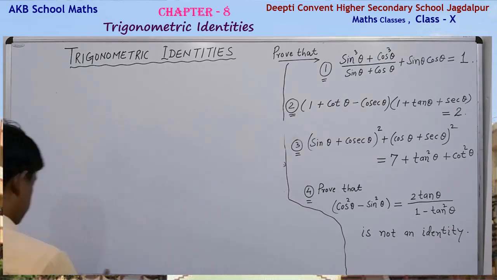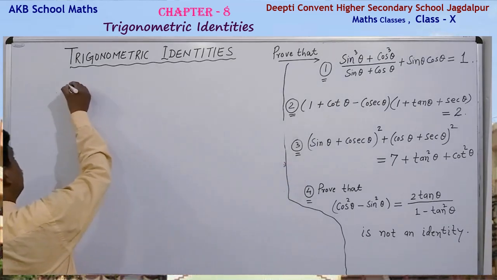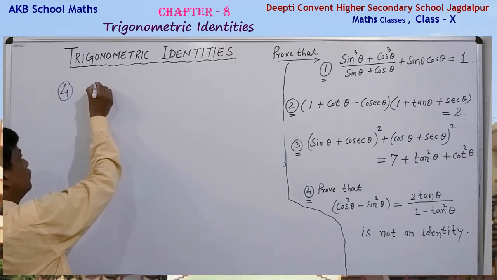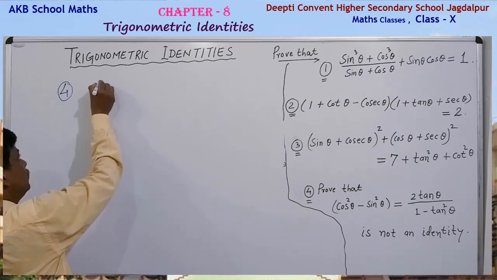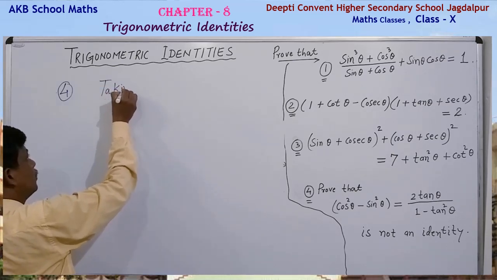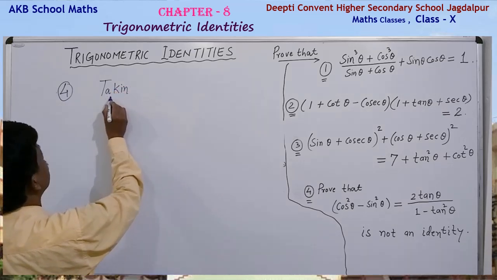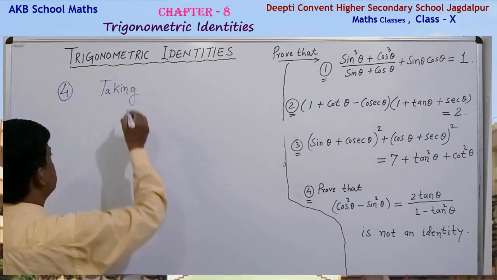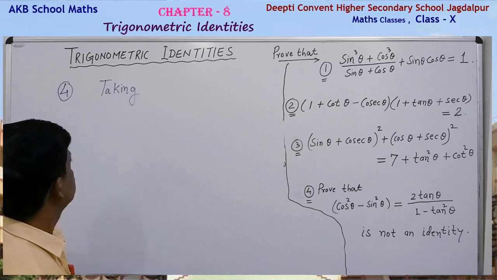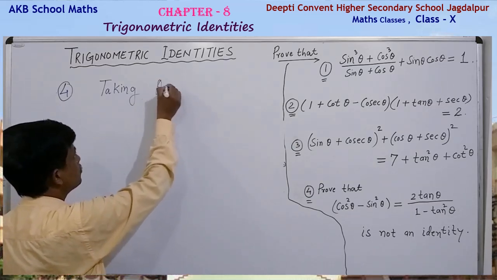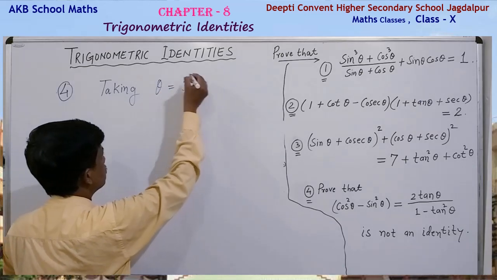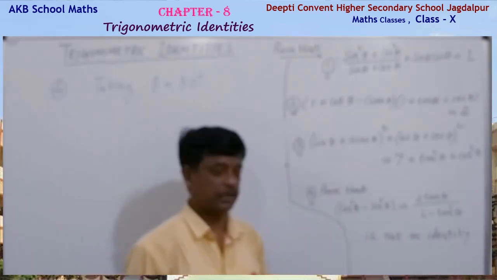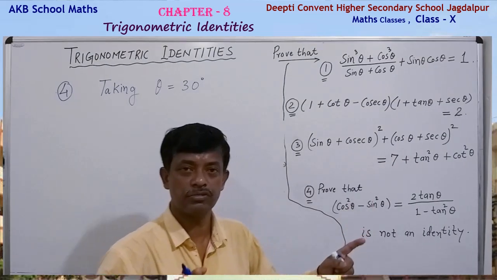Question 4. Now question 4. Taking theta equals 30 degree, for a particular value, we are trying to check whether this is true or not for theta equals 30 degree.